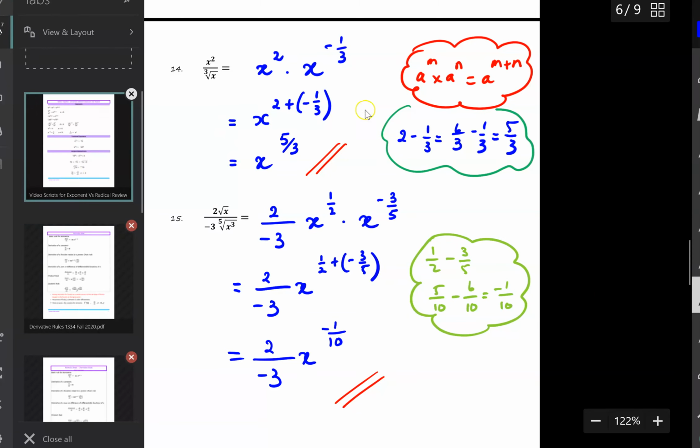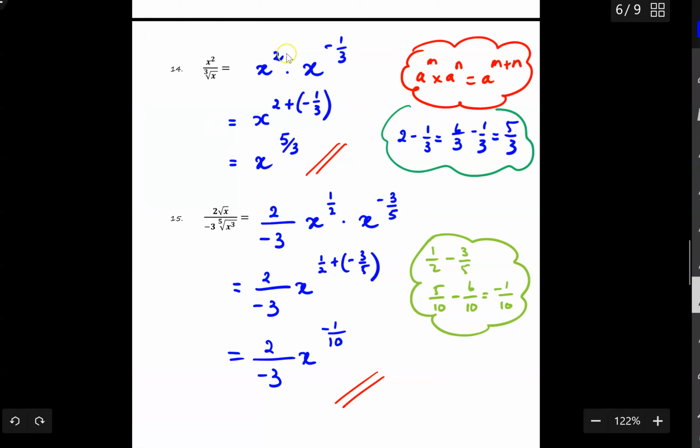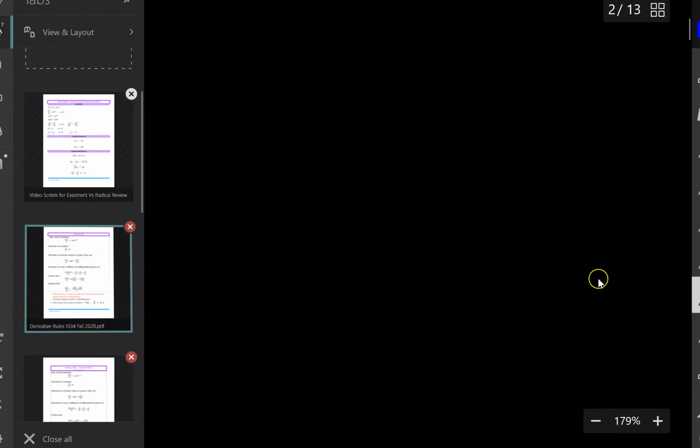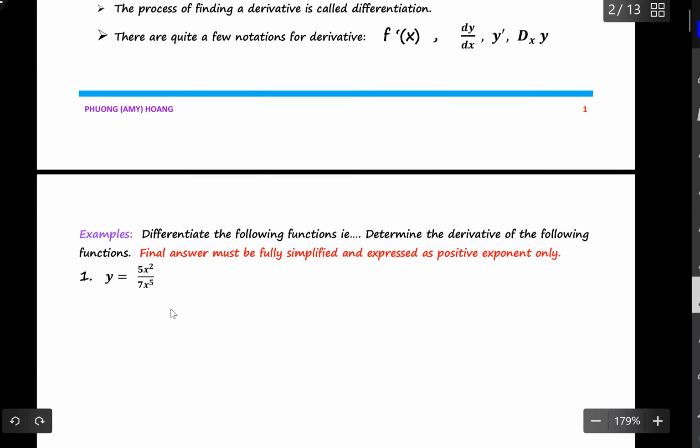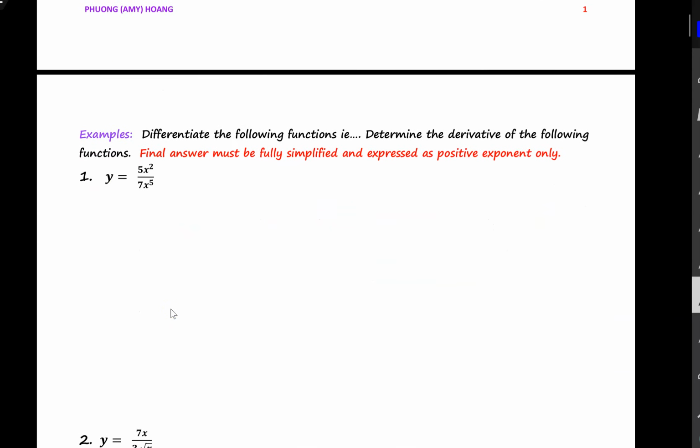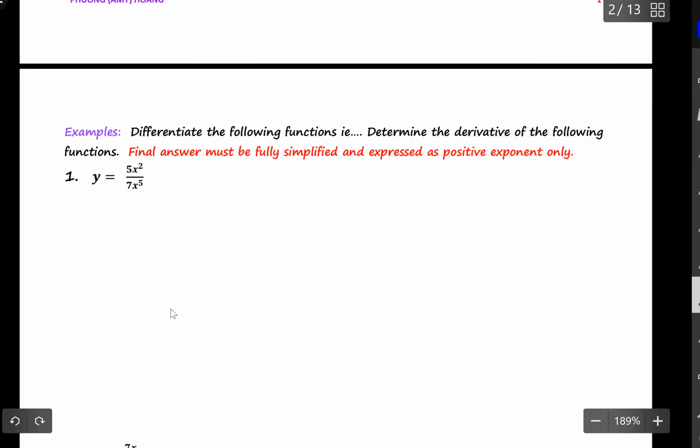So in this question, what you have done is simplify your expression to just one x raised to an exponent, because you can apply the exponent rule to get to this point. So you can work with this question by simplifying it first before you apply any derivative rule to it. I still write y.